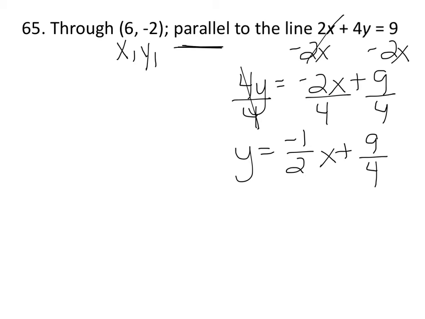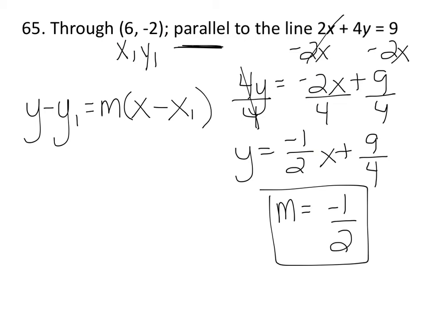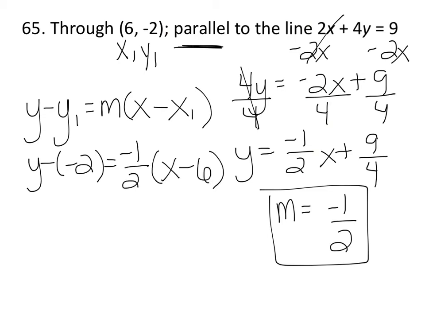Since it's parallel lines, I'm going to use the same slope. So the slope they gave me is negative 1/2, and it's this point up here. So I have y minus y1 equals m times x minus x1. Y minus negative 2 equals negative 1/2 x minus 6. Add a line, change the sign.